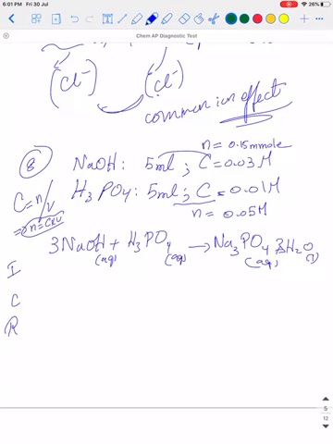Now let me see how the reaction will proceed. I stands for the initial quantity, to see if there is an excess or a limiting reactant. I have to check everything. So I stands for initial, C for the change by reaction, the amount reacted, and R is the remaining quantity. The initial quantity is the one that I calculated already here.